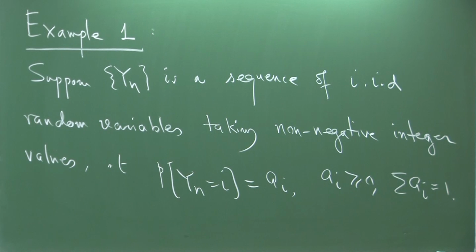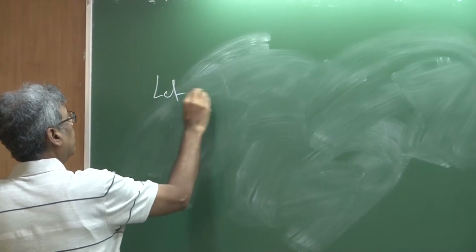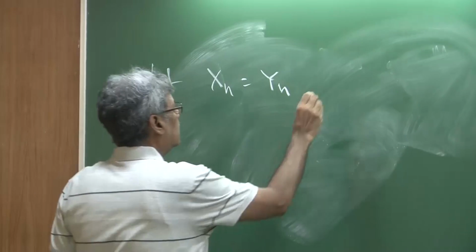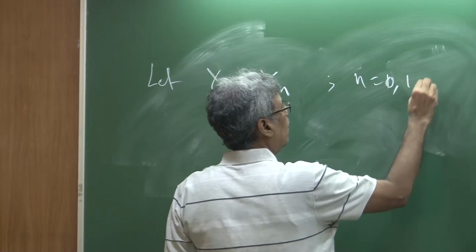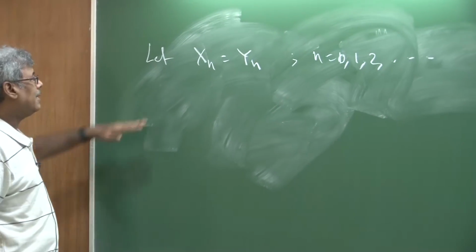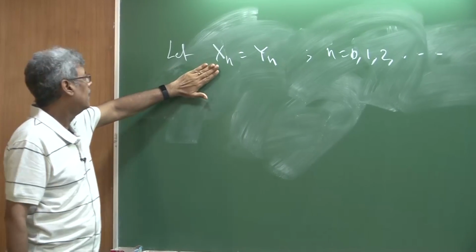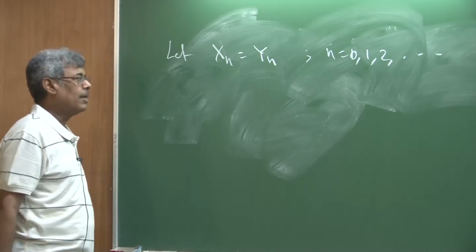So, in example 1, first suppose I let my X_n equal to Y_n itself, n equal to 0, 1, 2 and so on. Well, this is the most trivial example, because in this case the X_n's are IID, since X_n is the same as Y_n.